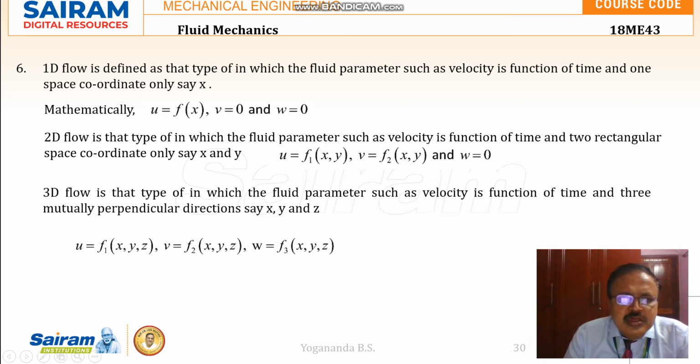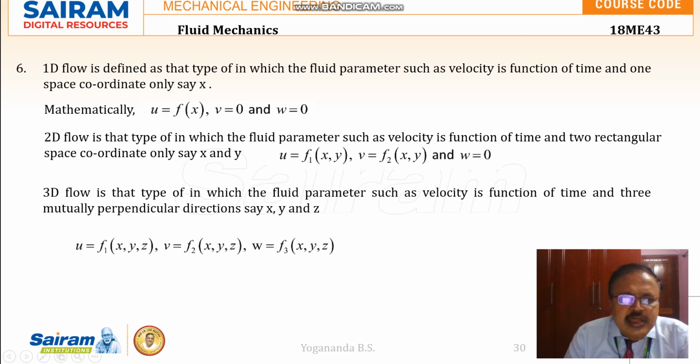So u is a function of x, the velocity in the direction of x. The velocity components in the other two directions, y and z, are taken as 0. V is 0 and W is 0.